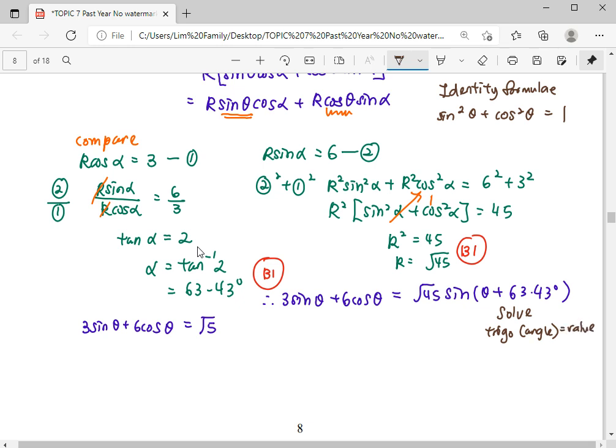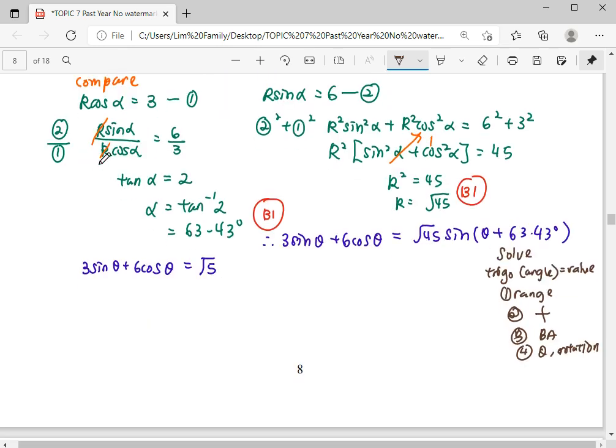From here we can apply our 4 steps: first is the range, second is the quadrant, third is the basic angle, then fourth is the angle rotation to get back our solution. This is our trigonometric equation, which equals sqrt 5. For this format, we cannot solve anything.